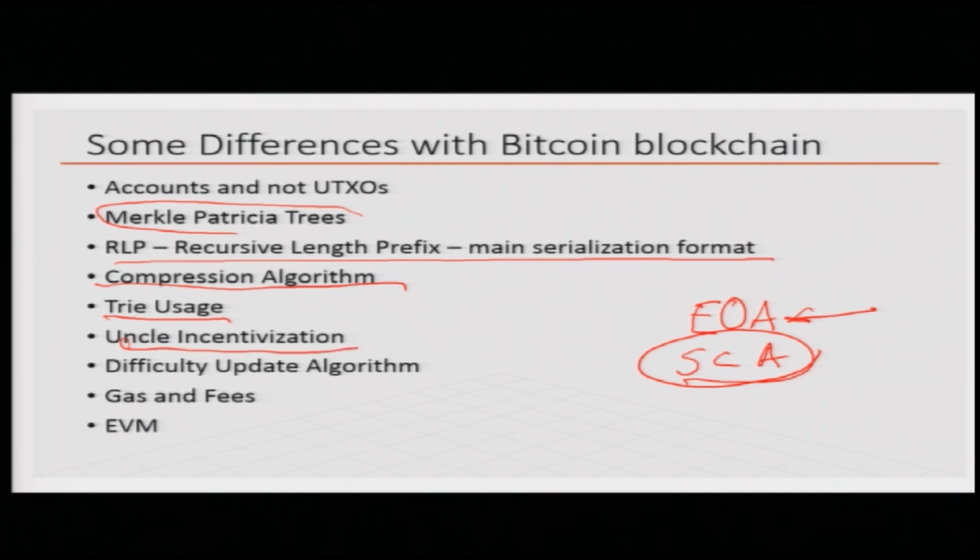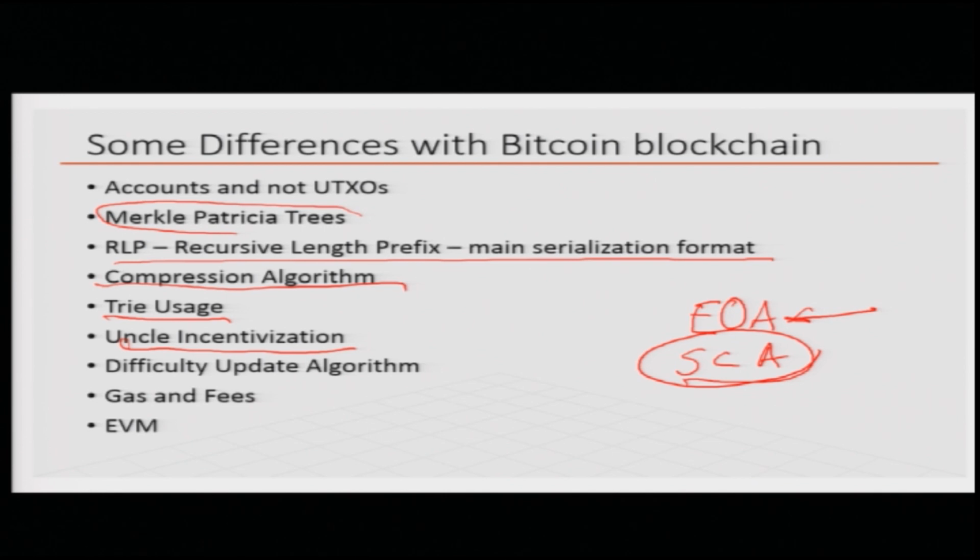You have parents in Bitcoin, but there is no notion of uncle, because an uncle is a branch that has been abandoned after the race condition that happens when multiple branches come up, but eventually everybody builds on top of the longest branch.